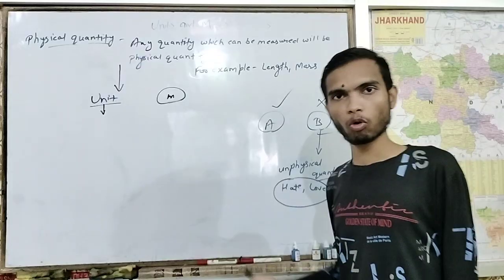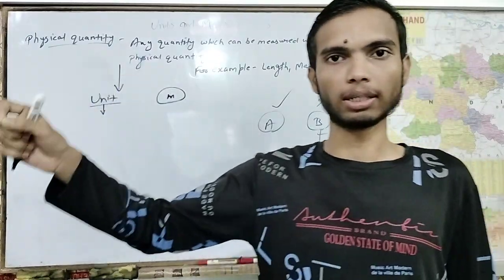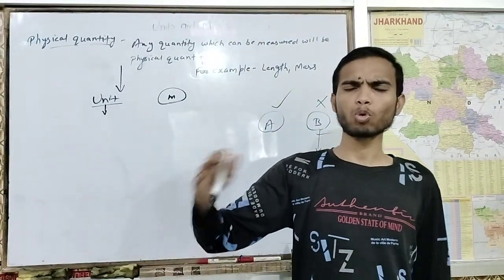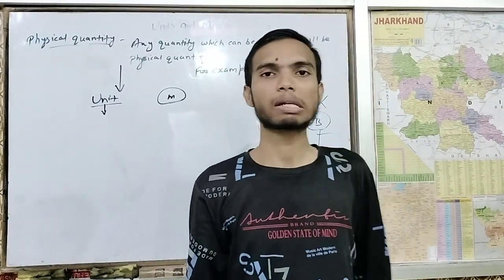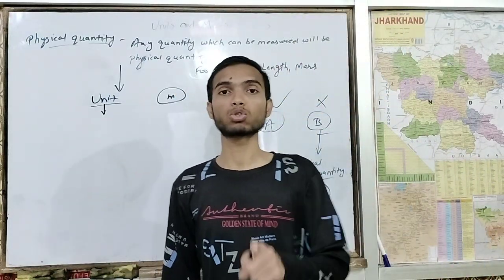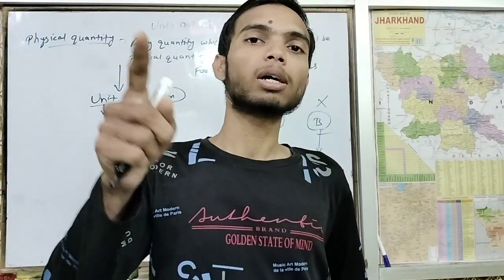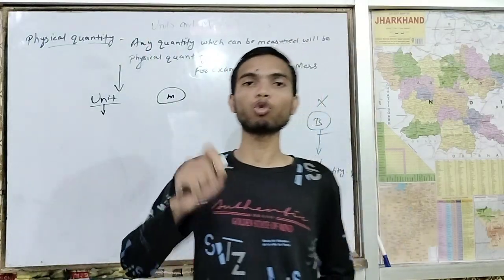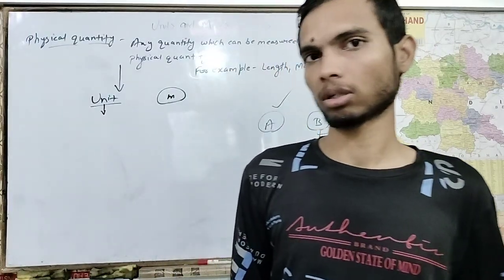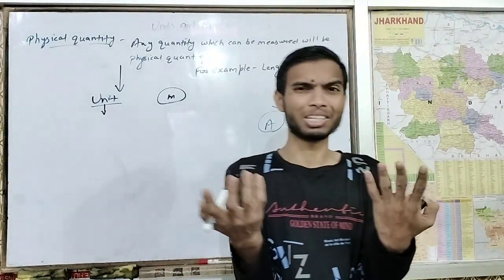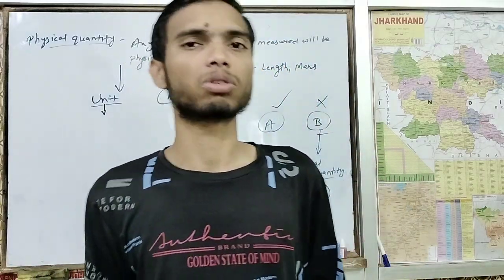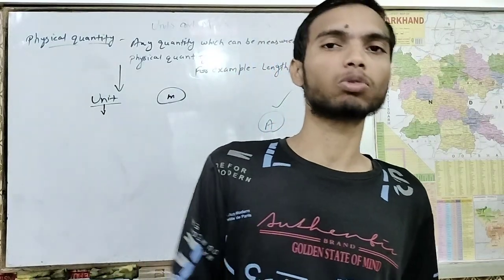For example, for liquid, we know the unit is liter. So when we say 1 liter, 2 liter, 5 liter, the other person is able to understand that you are measuring a liquid material, because you used a unit. If you speak only a number, like 1, 2 or 4, then people will be confused about what you want to say.